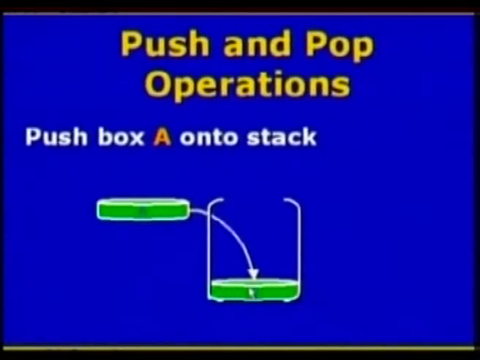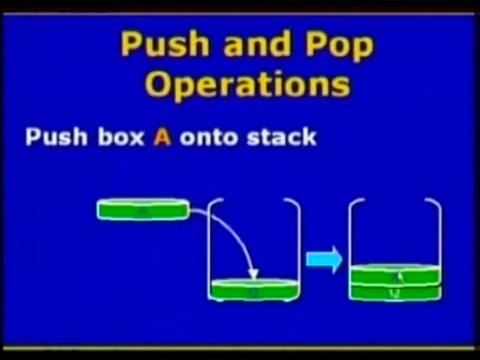Here is another example. The stack already has the item Q, and I would like to add more items. This disk here, called A, I would like to push to the stack. Pushing this means I'm going to end up with a stack like this, two disks inside it. And now the top of stack pointer is pointing to this box, indicating that this is the last entry that I have in this stack.